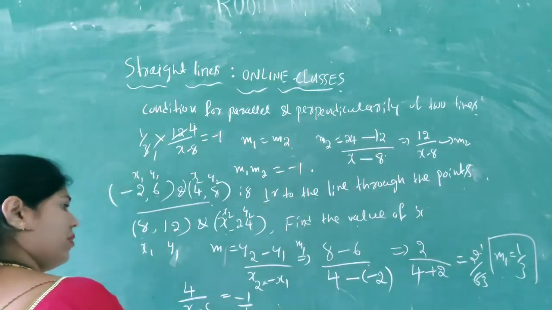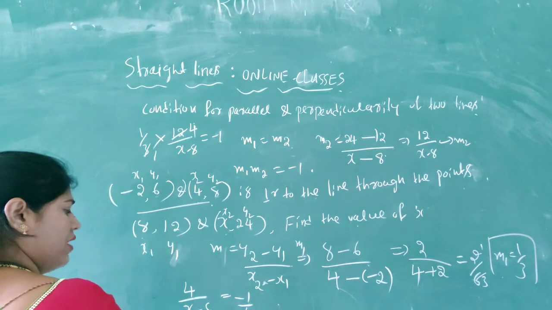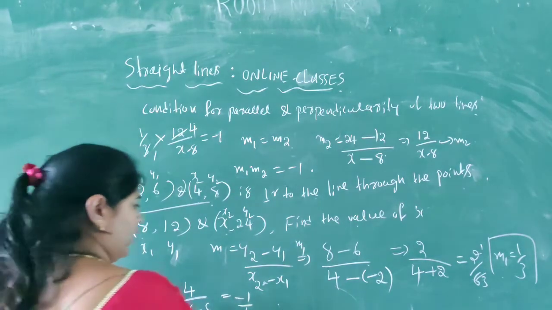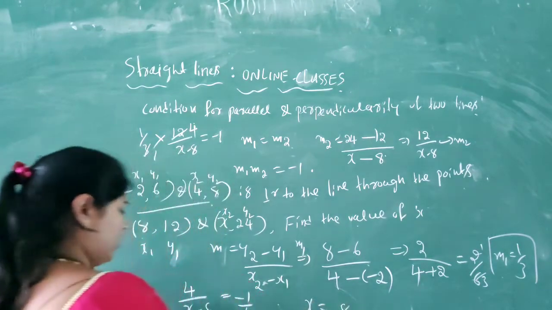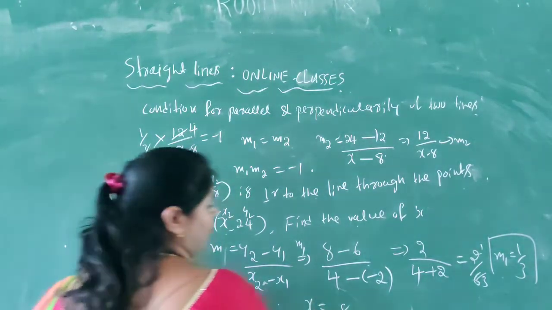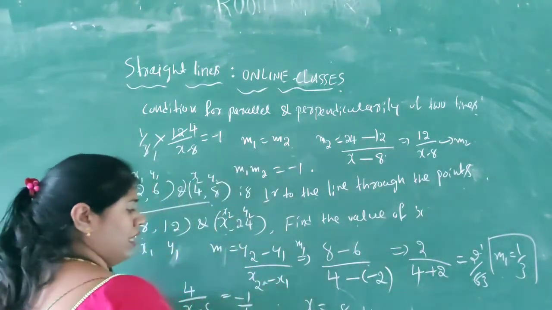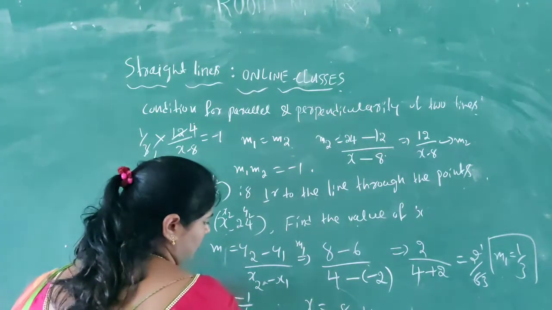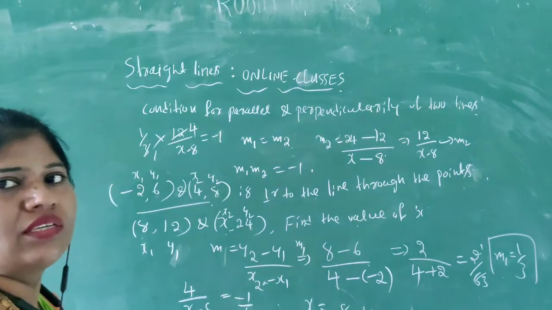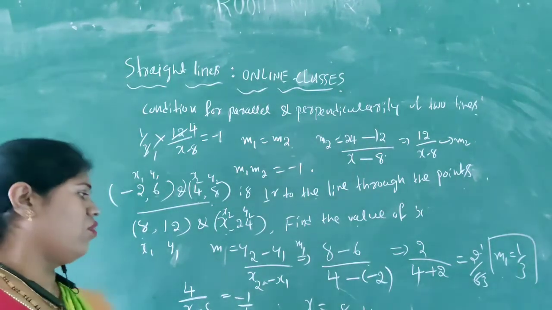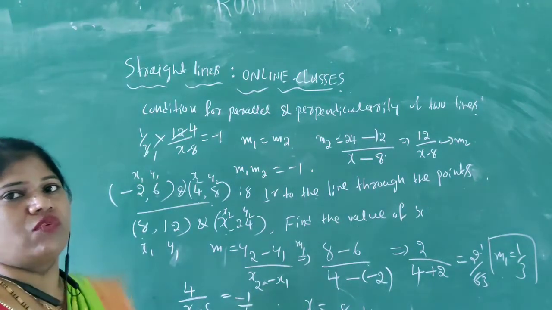Keep x on the left side, then it is going to be x, and the plus 8 goes to the RHS as minus 8, so x is equal to 8 minus 4, which is 4. So the value of x is equal to 4.